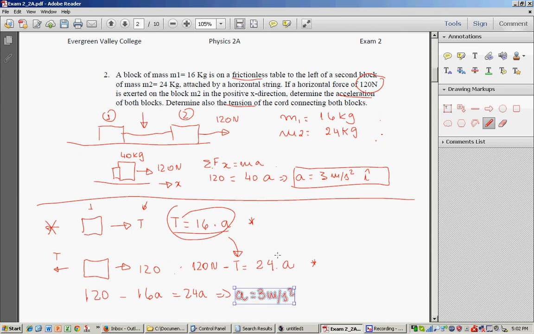And once we have the acceleration, we take it and put it in here to find a tension that is 48 newtons. Okay.